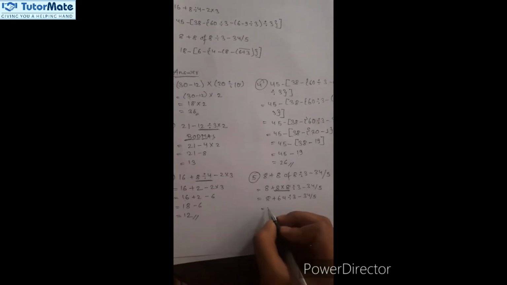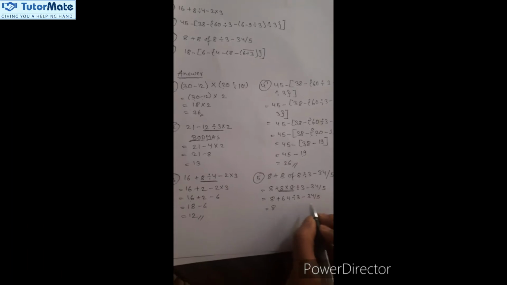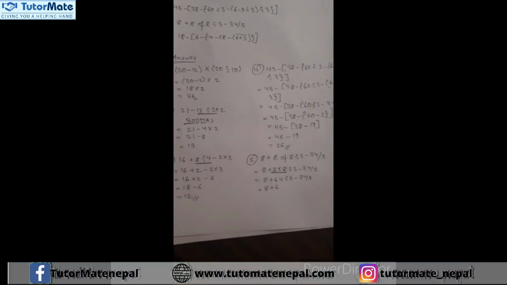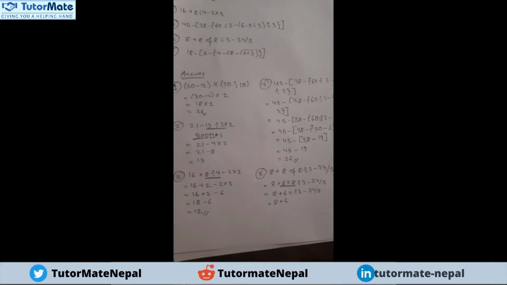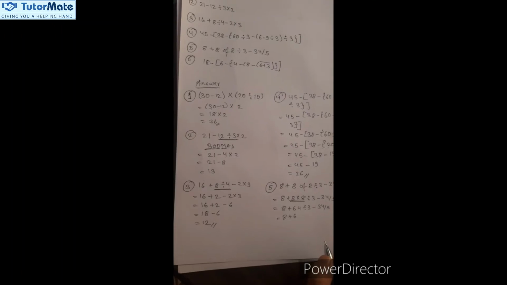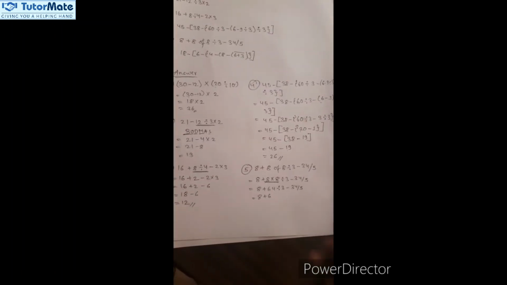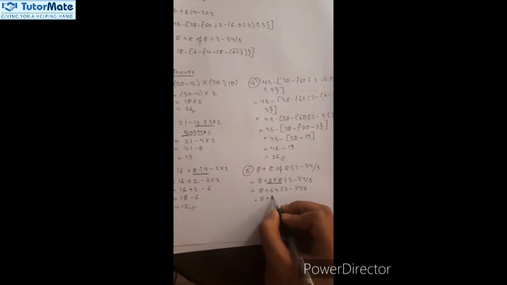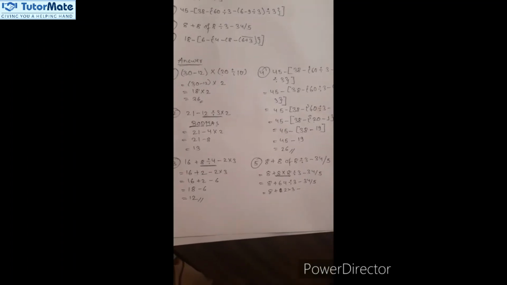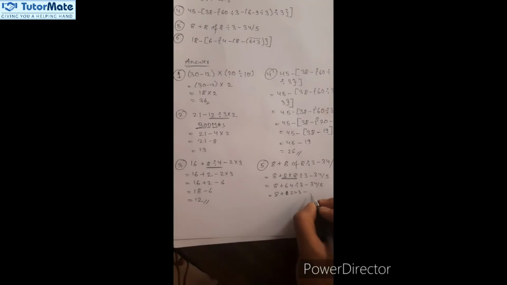Here there are 2 divisions. First of all we should solve these, then only the rest. 64 divided by 3, that means 21.3, minus 34 divided by 5, that means 6.8.